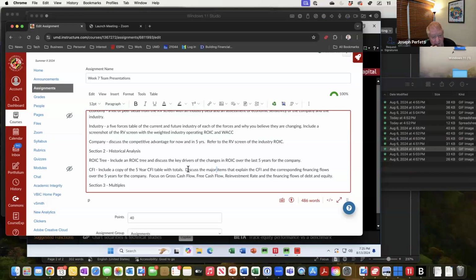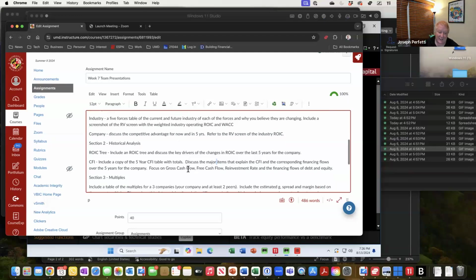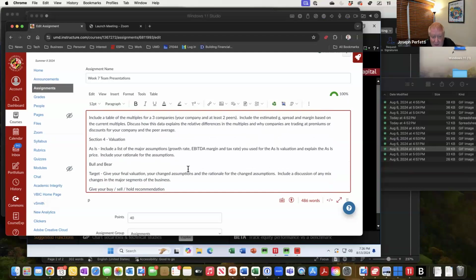And for the CFI, you're now doing the full CFI, so you're doing all 4 sections. So you're not just doing free cash flow, you're also doing non-operating cash flow and the debt and equity cash flows. Okay. Multiples. You're going to do a 3-company multiple analysis, your company plus 2 peers.